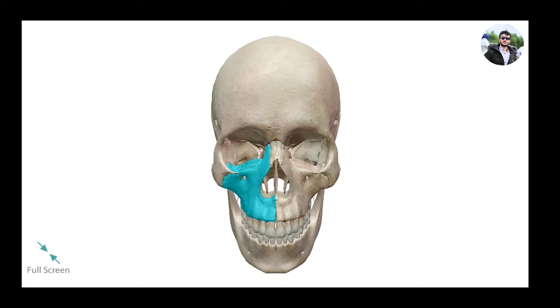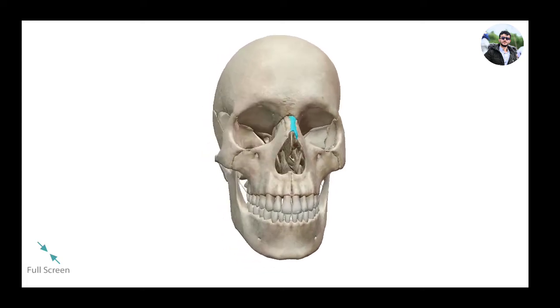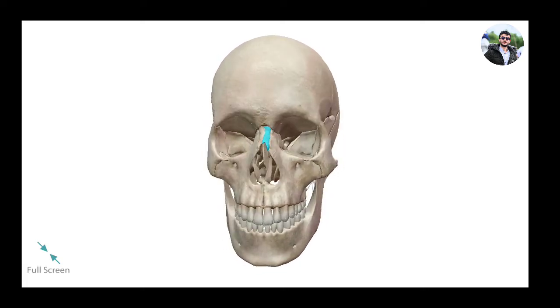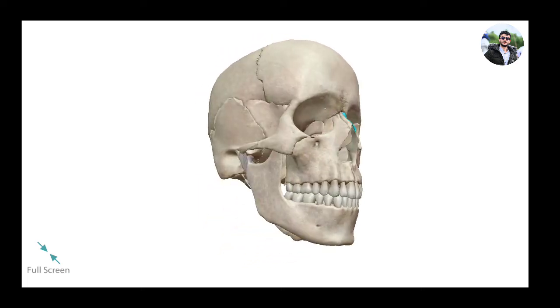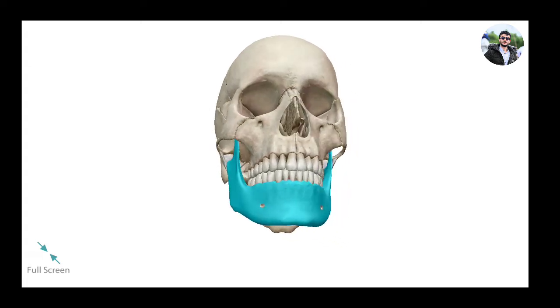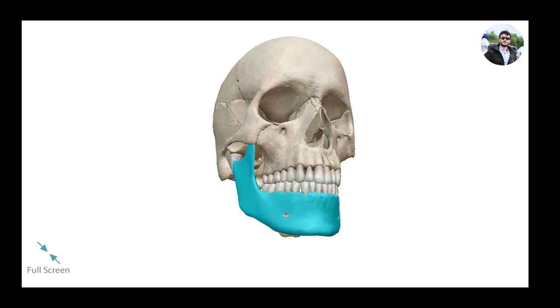These 2 bones form the roof of the nose opening, or the nasal cavity. So the frontal bone, 2 zygomatic bones, 2 maxillary bones, 2 nasal bones, and at the end there is 1 bone which forms the inferior part of the skull, called the mandible.